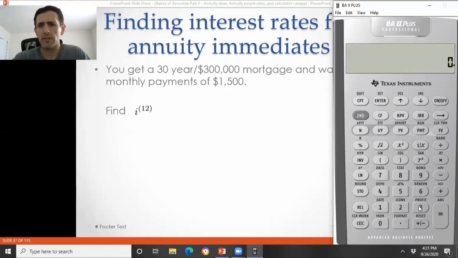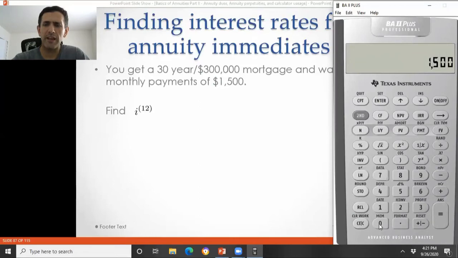All right, so let's enter this like we did last time and check that we get the correct answer. 360N, 300,000 minus present value. Now this is the lender perspective. The perspective of I'm the lender, lending a person 300,000, hence shelling out that money.